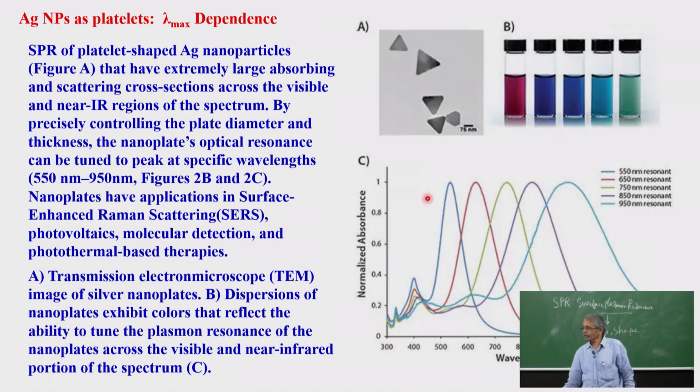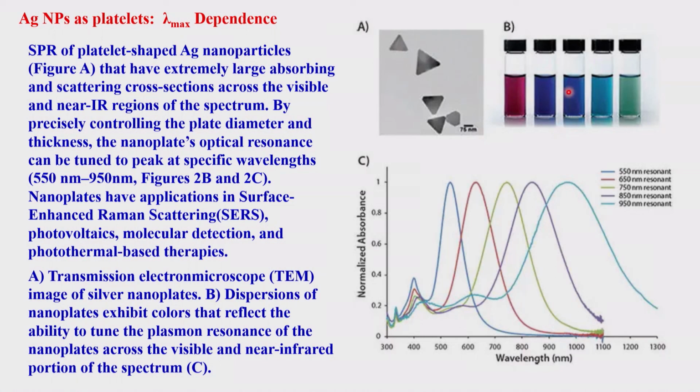If you look at solutions with different thicknesses, you can see one with a purplish or reddish color, then bluish, somewhat less bluish, then greenish, and darker greenish. If you look at their absorption spectra, you would see something around 550, another around 650, 750, 850, 950.